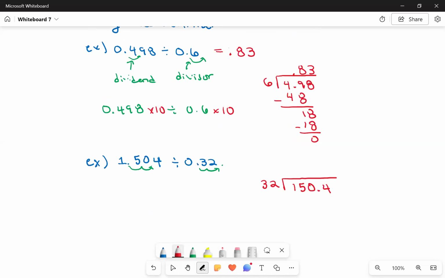Okay, so 32 into 150. Well, I know that 3 into 150 goes 5 times, but I'm bigger than that, so I should probably go to 4. All right, so that's going to be 128. Subtracting is going to give me 22. 224. Okay, this I actually need my calculator for, but I did it earlier.